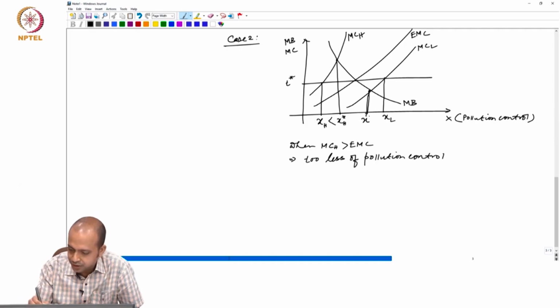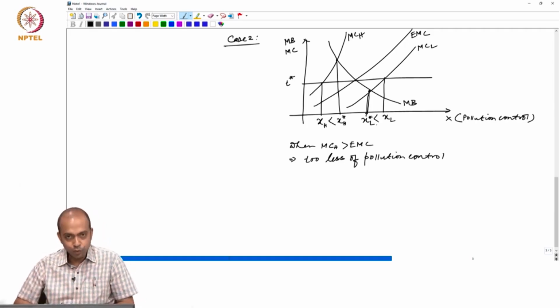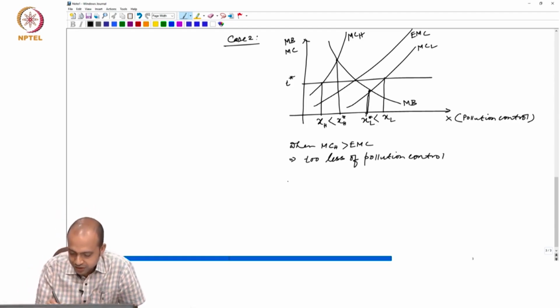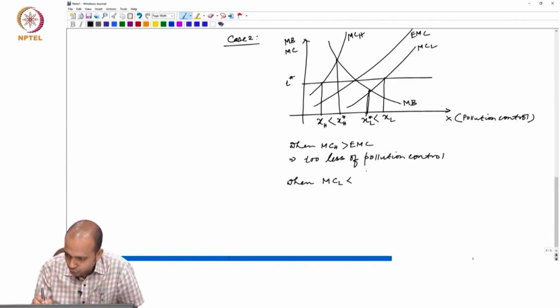This is, let us say, X star L. So, the private firm is supplying more pollution control than what is socially desirable. So, when MC L is lower than EMC, there is too much pollution control.